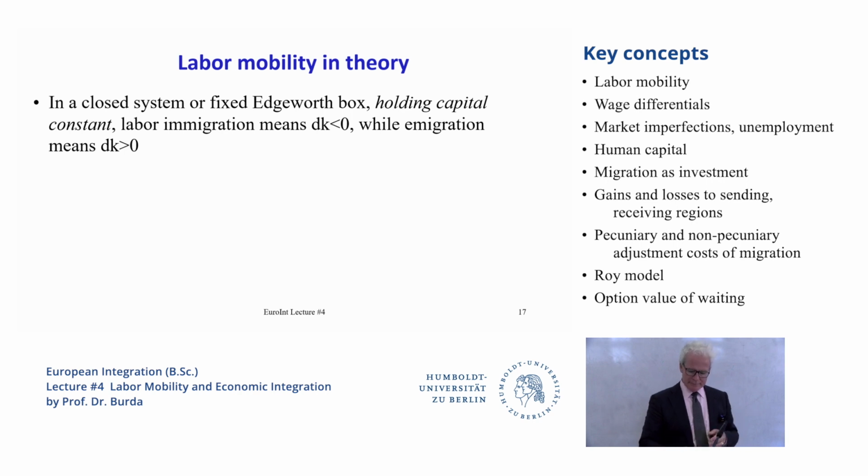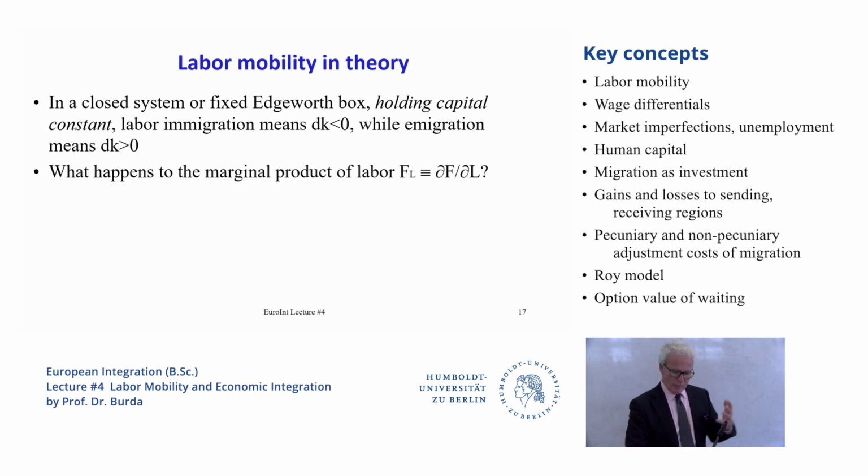So remember, immigration means that, holding capital constant, the country that loses labor will see an increase in its capital-labor ratio, and the receiving country will see its capital-labor ratio decline. So that means we're moving towards the Edgeworth diagonal.